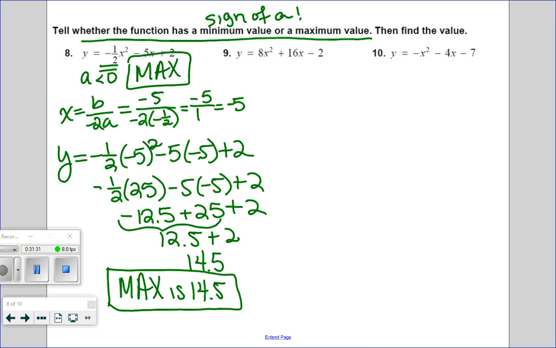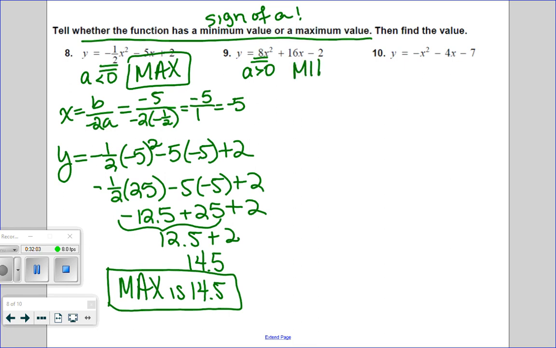Okay, try number 9. Raise your hand if you think you have it, and we'll check it. First of all, if this a value is 8, which is greater than 0, then is this a max or a min?